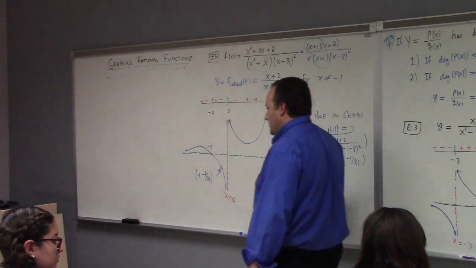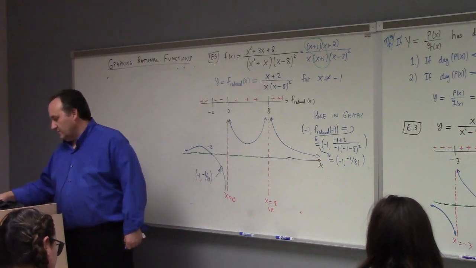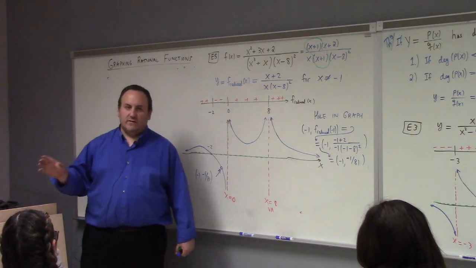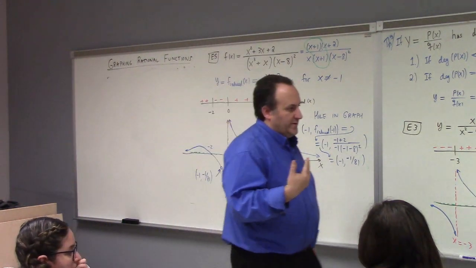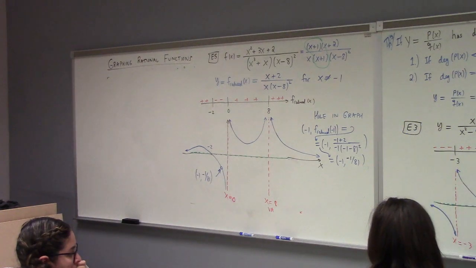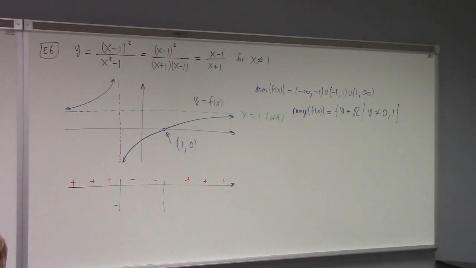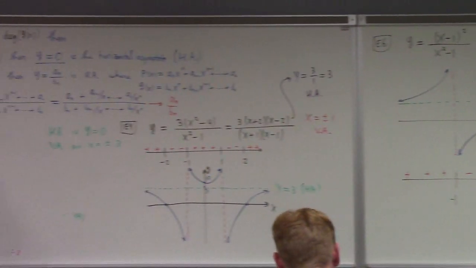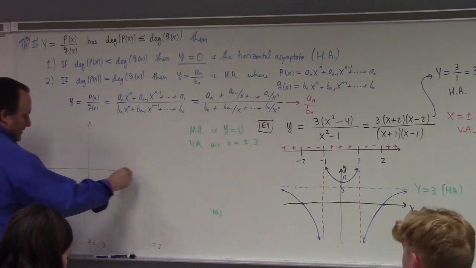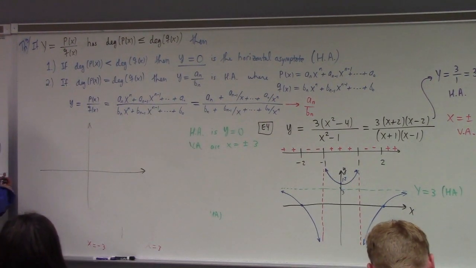All right, so the next thing we'll do is try to reverse engineer. Imagine that I gave you a picture of the graph and I asked you to come up with a formula. Could you guys do that? How about this one? Suppose you want your graph to look something kind of, sort of like this.